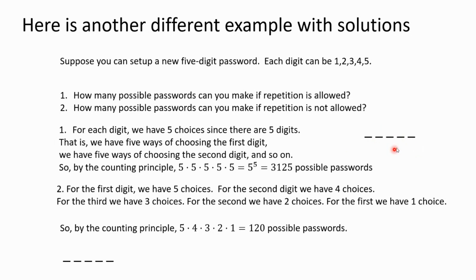So you have 5 choices for each one of these. So how many possible passwords can you make? Well, again, it's just the counting principle. Each space here would be a category, and each category has 5 choices. So you would have 5 times 5 times 5 times 5 times 5, which is 5 to the 5th. This many passwords you can make.